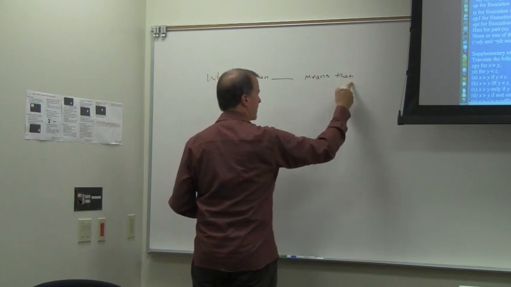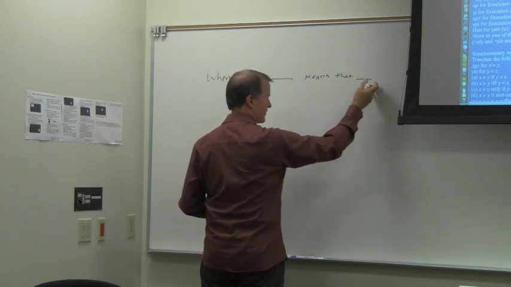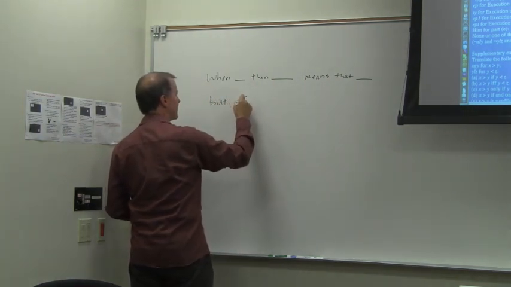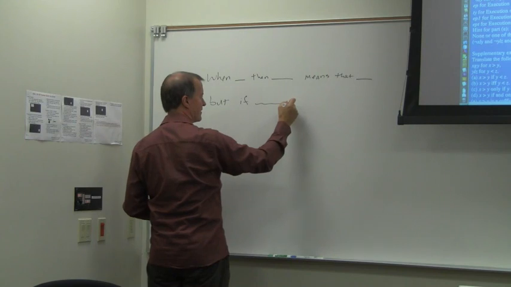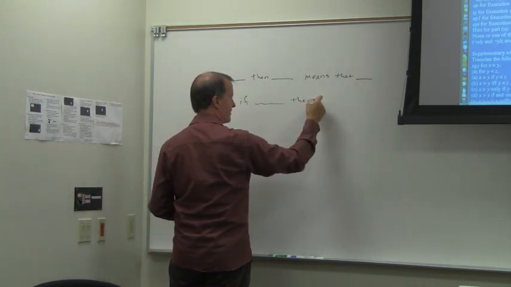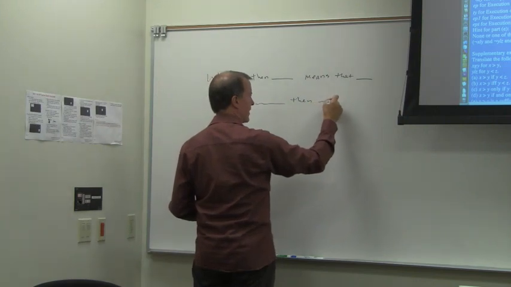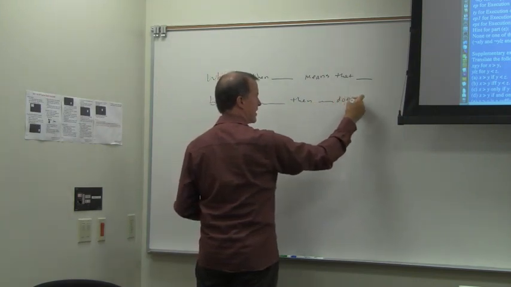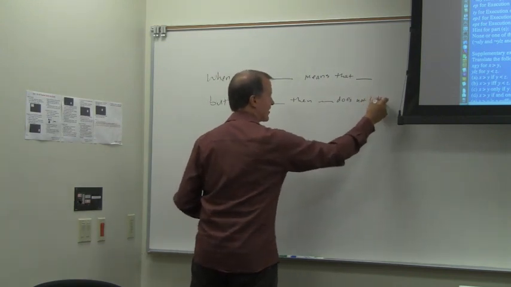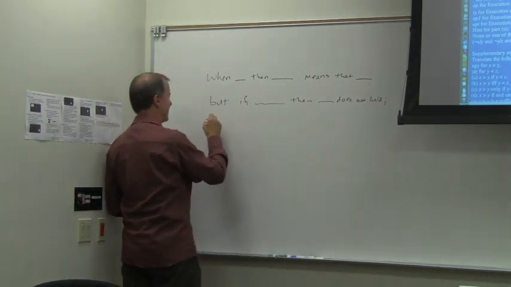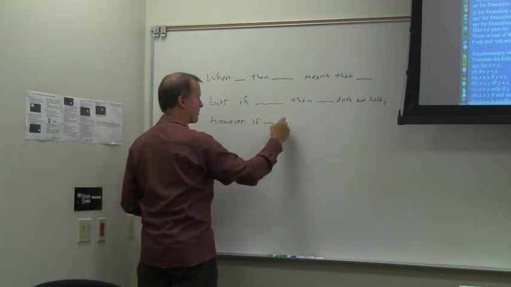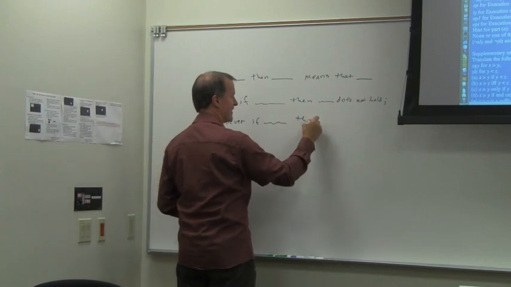But if y greater than z does not hold, then blah, blah, blah does not hold. Is that the end? No. Semicolon. However, if x is less than y, then b equals w.